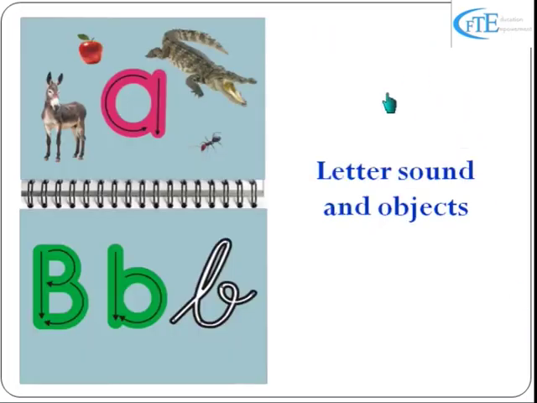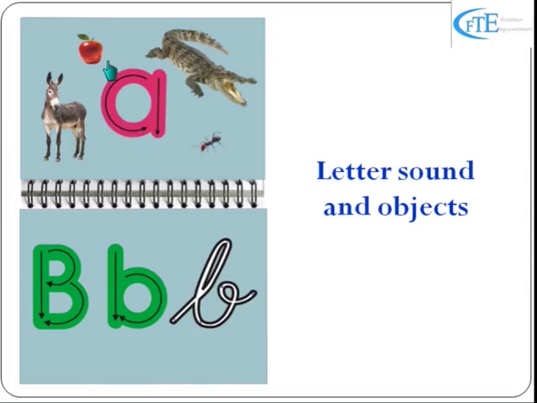Now, behind each letter card, stick objects that begin with the sound of that letter and get your child to point to the letter, say the sound, and then name the object. A, alligator. A, ant.